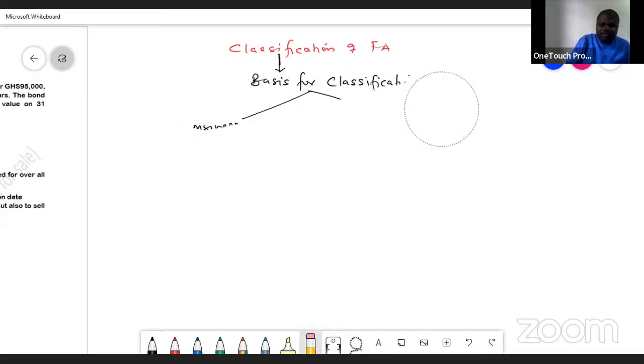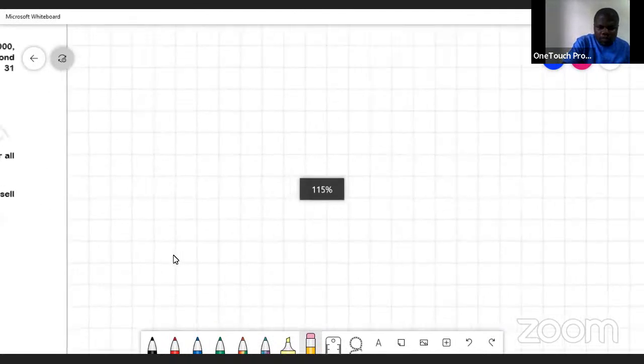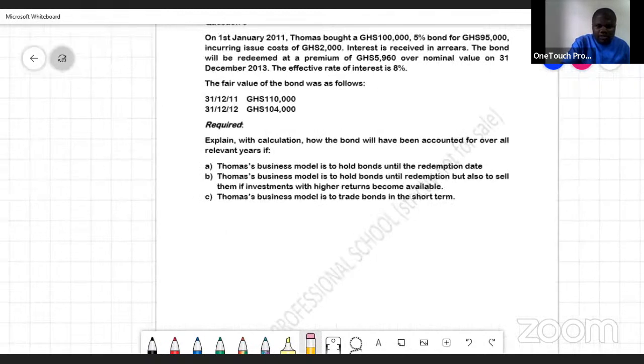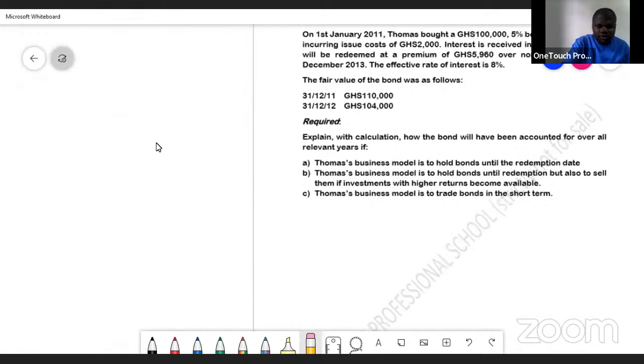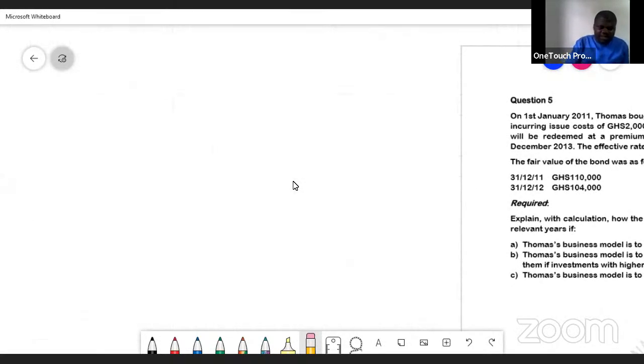I wish I could write those things here. Let me do those things here. Okay, so we have the basis for classification of financial assets.